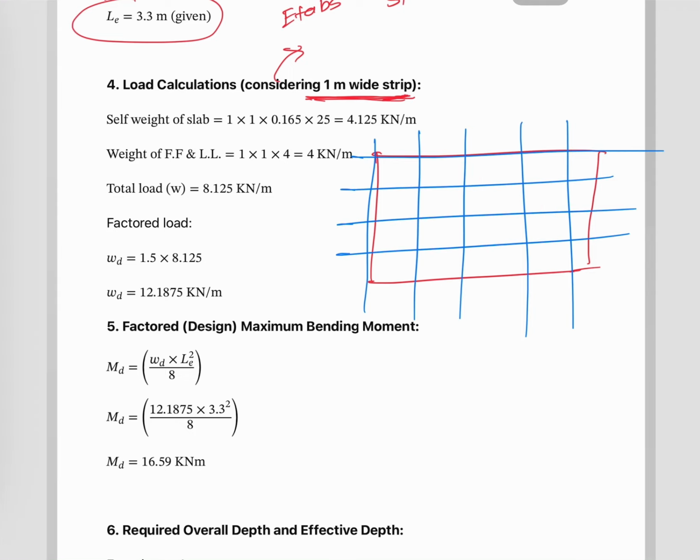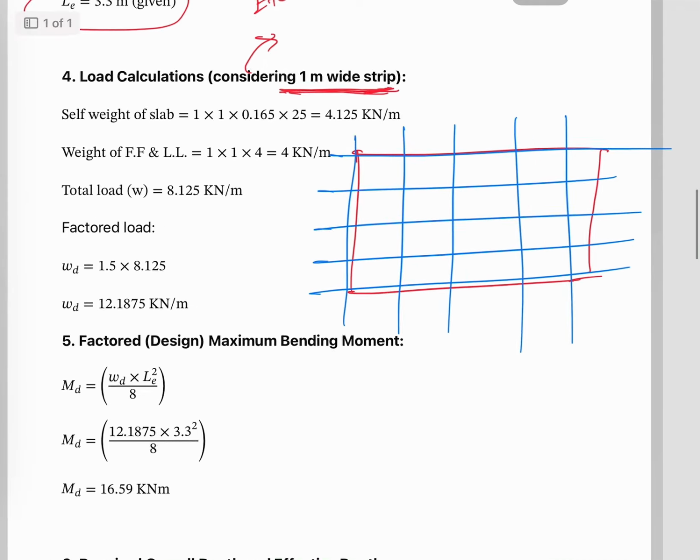So you are putting the load on these strips. Okay, so this is the process to do the design of the slab. This is what we actually do as structural engineers, right?